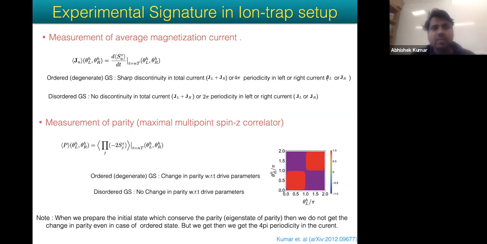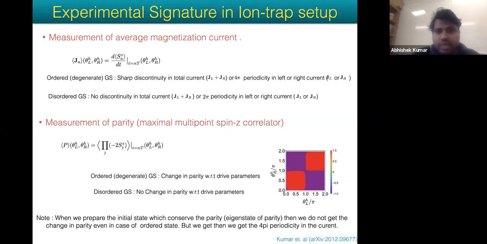When we measure the average magnetization current, then as I said, you will see either the discontinuity in the case of the ordered ground state, or if you just plot the left and right current, you will see the 4 pi periodicity. But in the disordered case, you'll see no discontinuity in the total current, but there is a 2 pi periodicity in the left or right current.